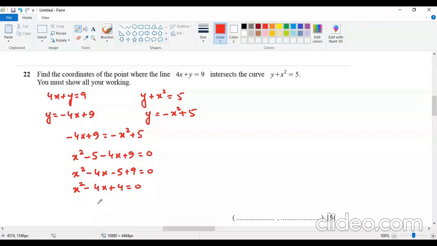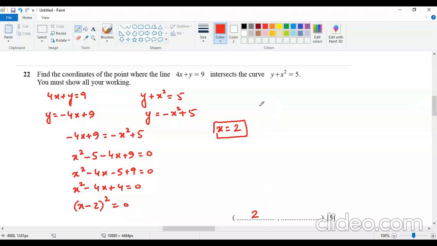So this is the product of x minus 2 whole square equals 0, and the value of x is going to be a positive 2. Now substituting in the equation, the x value is 2, so that's the first value we found.